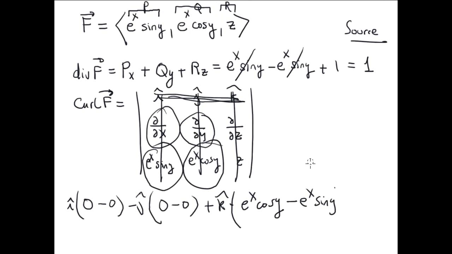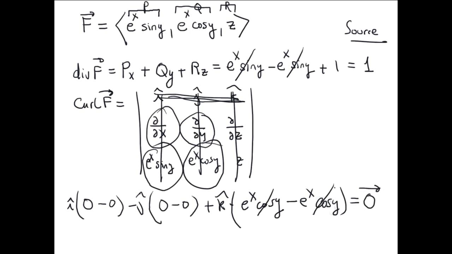Let me repeat the idea again. The idea is clear. The derivative of this expression with respect to X is e to the X cosine Y, exactly the same here. Derivative of this expression with respect to Y, the e to the X is constant, and the derivative of sine is cosine. And this is 0. This is cancelled. This is 0. 0 vector.